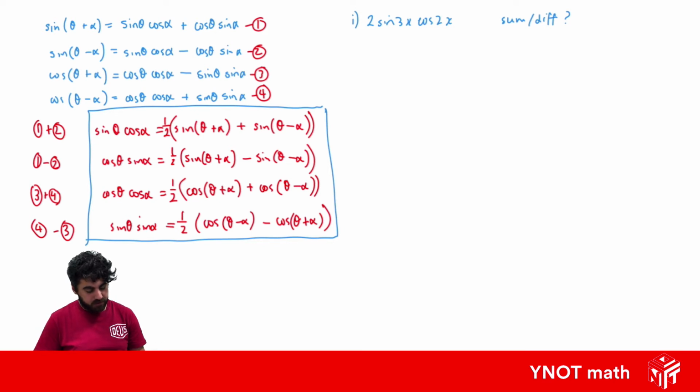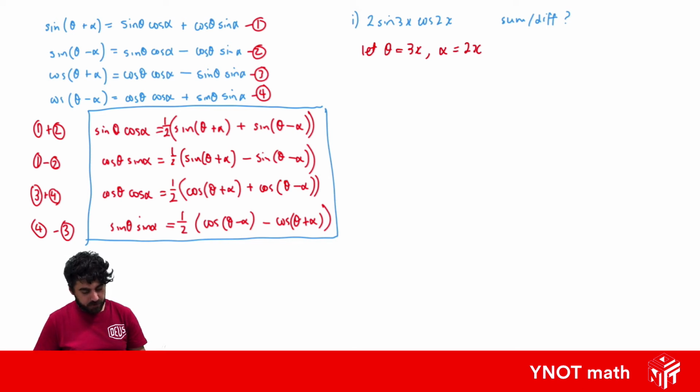And we kind of want it to look like this. So you'll notice as a product, there's no 2 out the front. So what we want to do first of all, let's let theta equal 3x, and we'll let alpha equal 2x. So we can sub those into our formula.